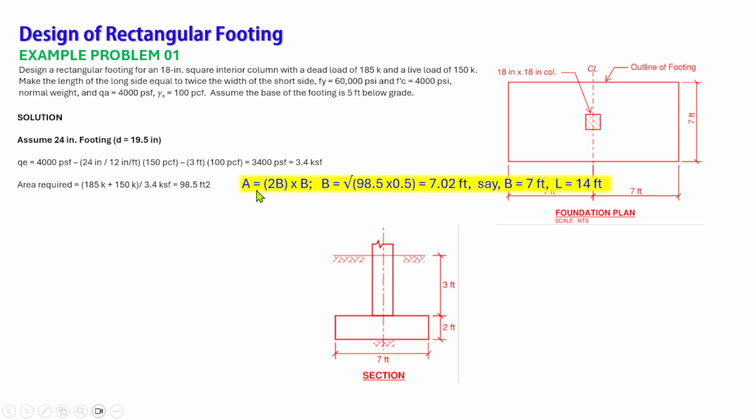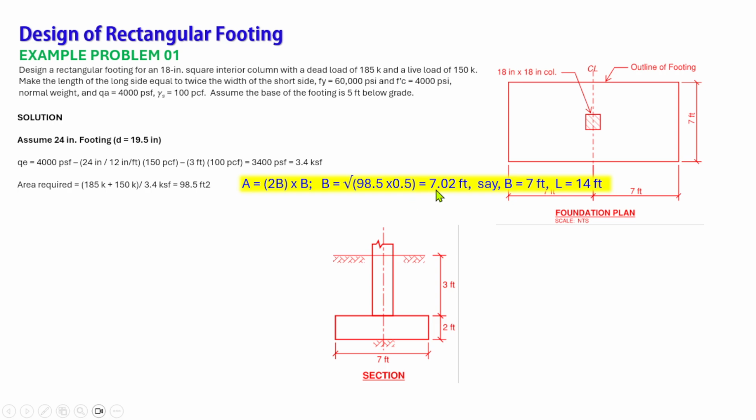So the area is equal to 2b times b, because we assume that the length is twice the width of the short side. So to simplify the equation, b is equal to the square root of 98.5, which is the required area, times 0.5.